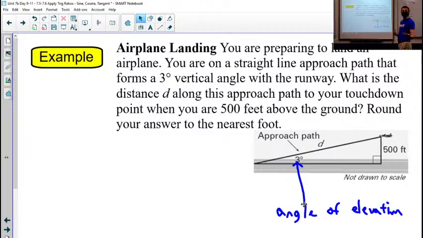Next week, by the way, what we're going to be looking at is, right now we've been using angles that we know to solve for sides that we don't. Right? I know the angle is 3 degrees, and I want to solve for that side there, D. Next week, we're going to talk about going the other way. I have sides that I know and angles that I don't. And how are we going to solve those?